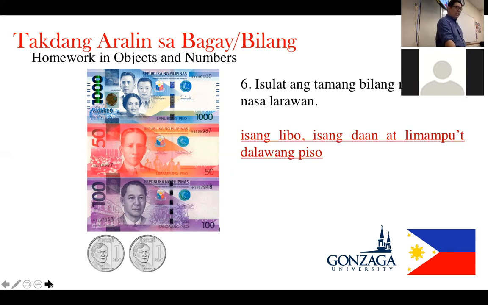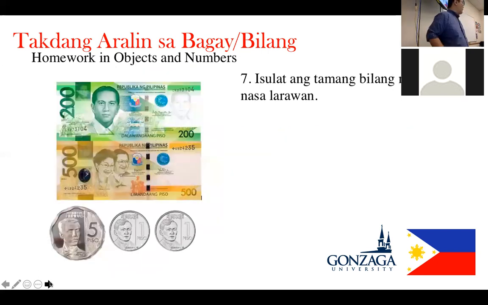Okay, let's have number 7. Michelle. Isulat ang tamang bilang ng pera. Pitong daan at 52 piso. Is that 52? Is there a 50 peso bill there? No. Okay.